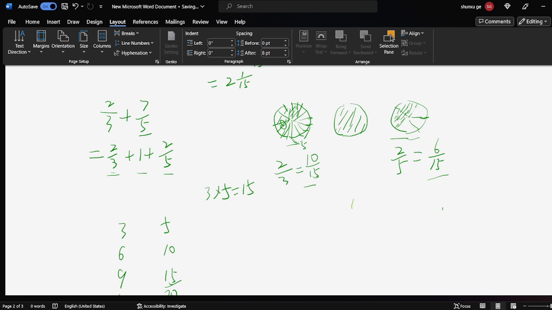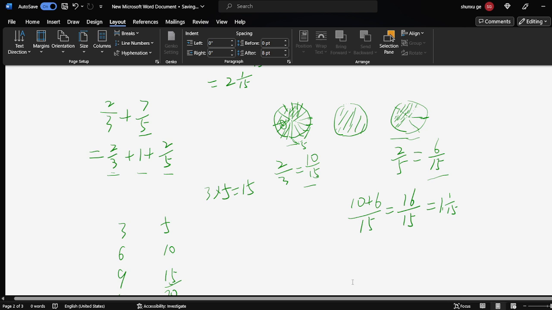So that means 10 plus 6 over 15. We can add them together because every small part is the same size. So this is 16 over 15. It's an improper fraction, so I change it to a mixed fraction, 1 and 1 over 15.